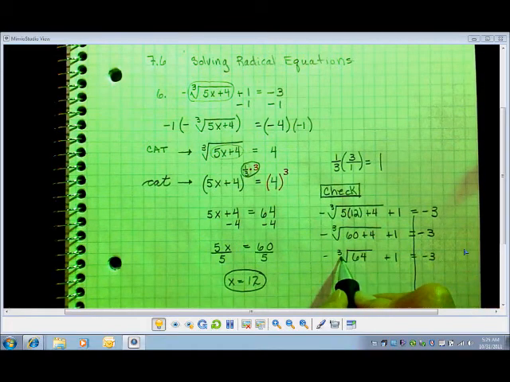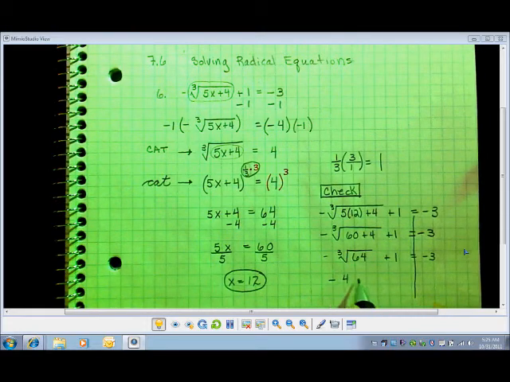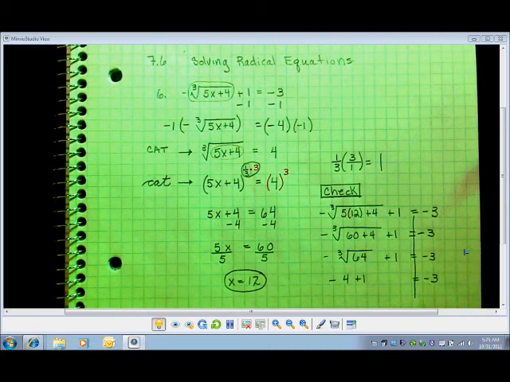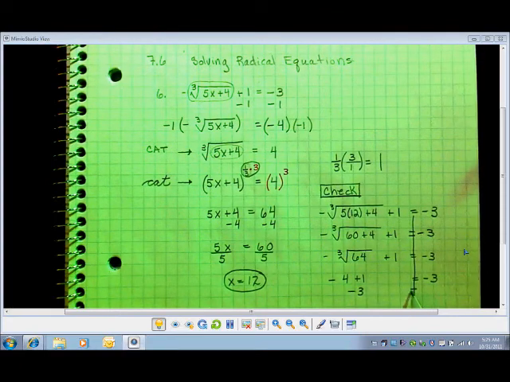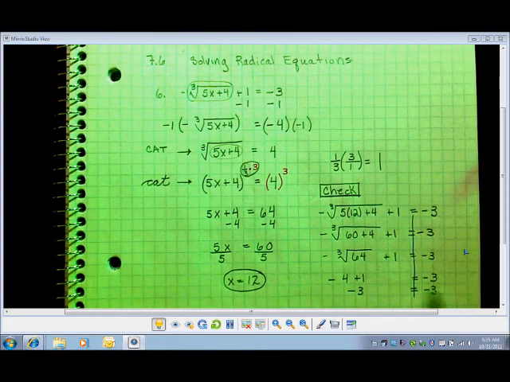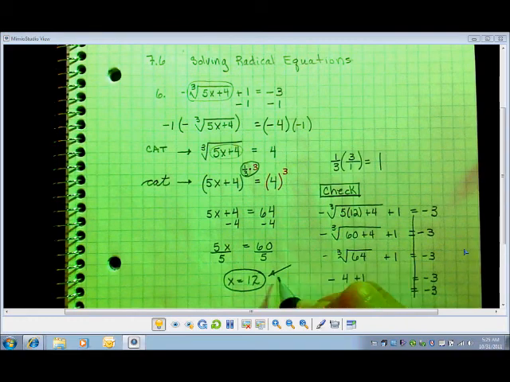The cubed root of 64 is 4. And I can quickly see that negative 3 equals negative 3. So this is in fact a solution.